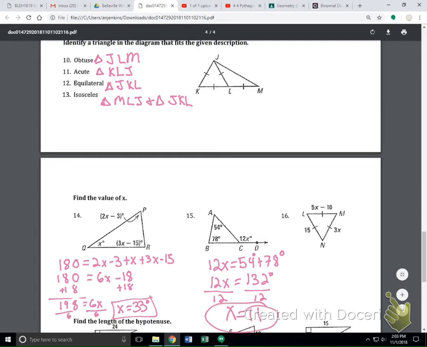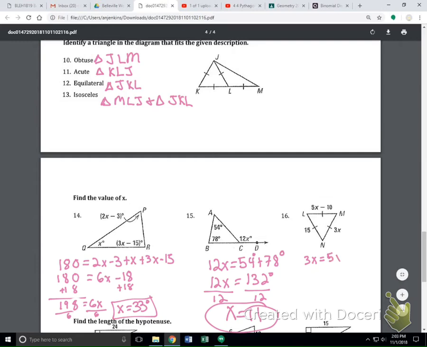Our last one on this part of the page is number 16. And number 16 tells us that we want to find the value of x. It gives us 3 sides. We just had to choose 2 of them that we want to solve for. Nemo, how did you get that? Because it has to be the same as the opposite. So which ones did you set equal? 3x plus 15 and 5x minus 10.